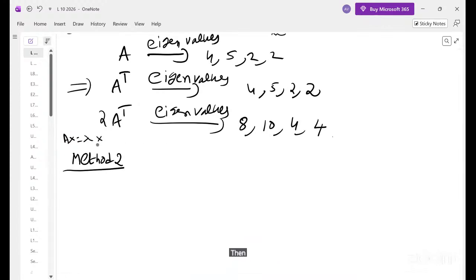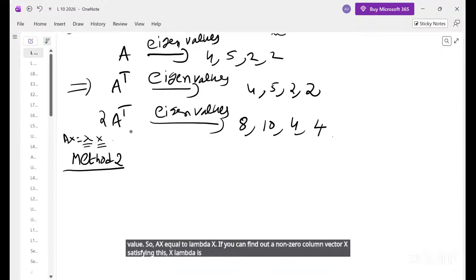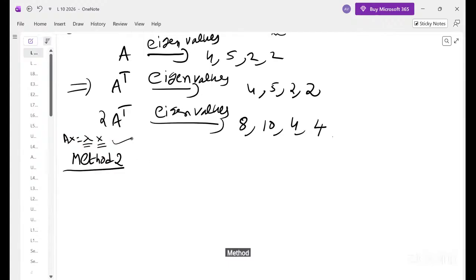Then x is called the eigenvector and lambda is called the eigenvalue. Method 1 is not always possible for finding all eigenvalues.